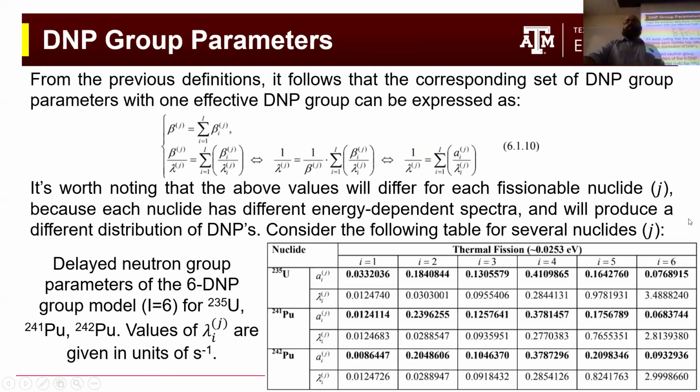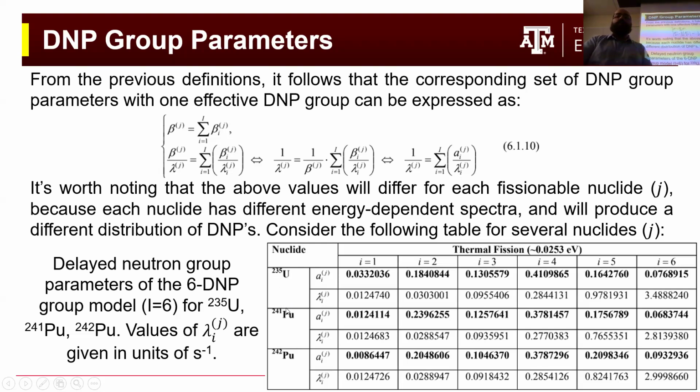So this is a table of what all of those group parameters look like for 6 delayed neutron precursor groups. So for every group I equals 1, 2, 3, 4, 5, and 6, these are the values of your abundances A_I and your decay constants. And notice that we have them for different fuel types, right?